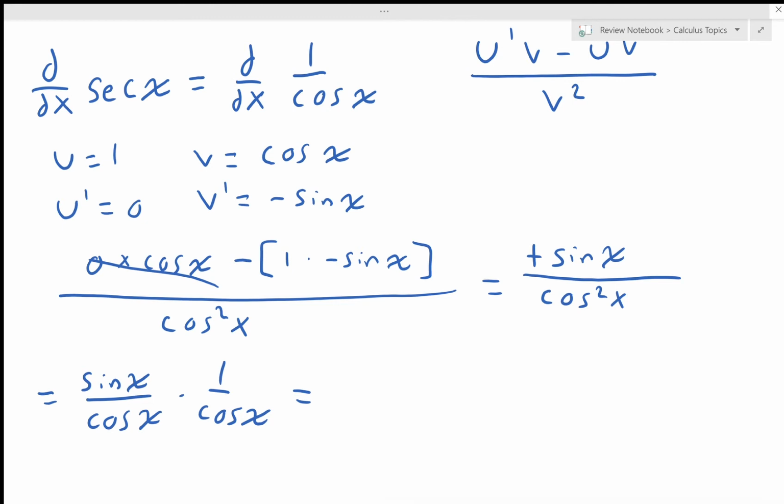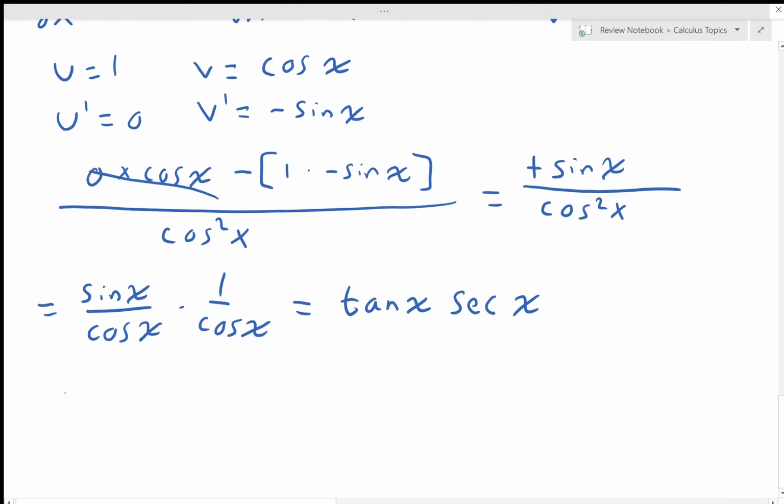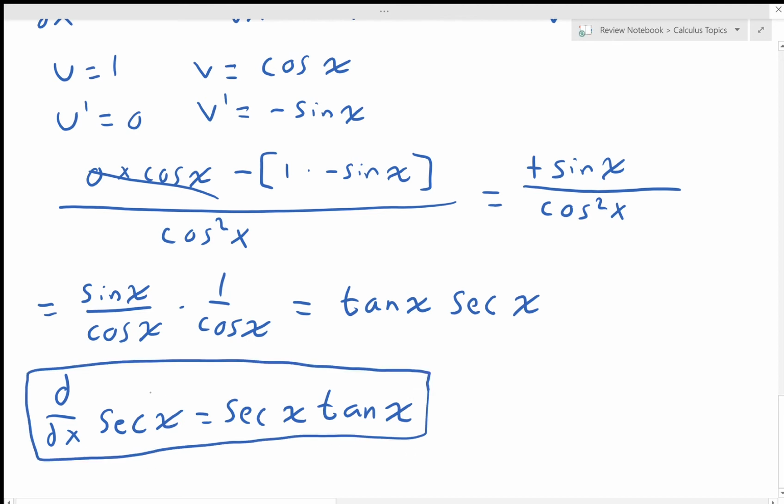Sorry about that. Yep. So times 1 over cosine x. Sine x over cosine x is tangent x times secant x. Most people like saying that the derivative of secant x is equal to secant x times tangent x. One of the only ones where you see the same thing you derived in the final product.